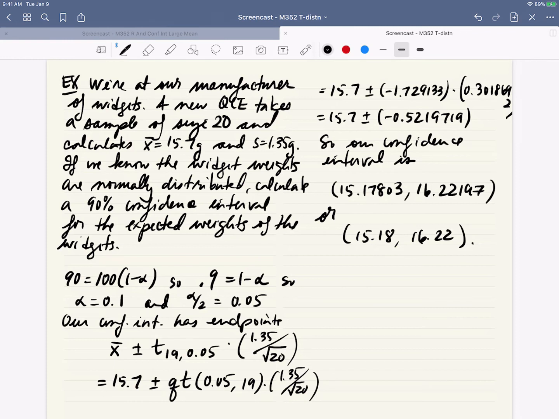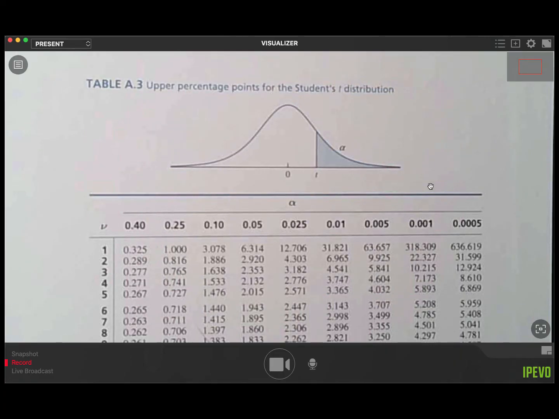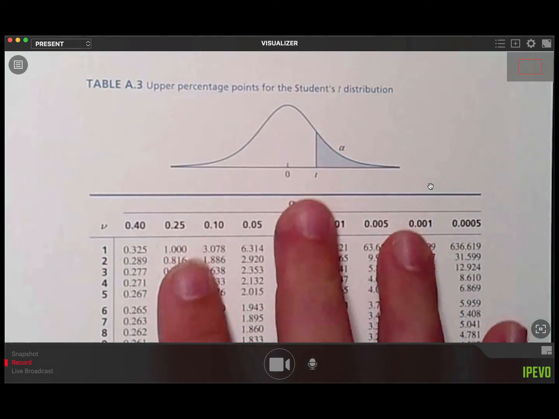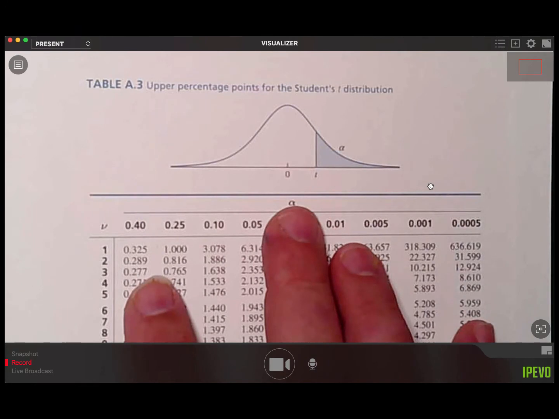So now let me show you how to do this with a textbook. Here's table A3 in the back of our Navidi textbook, and it is a table that helps us do computations with the student t-distribution. You can see here at the top we've got an alpha, so this is the alpha that goes along with our confidence level.